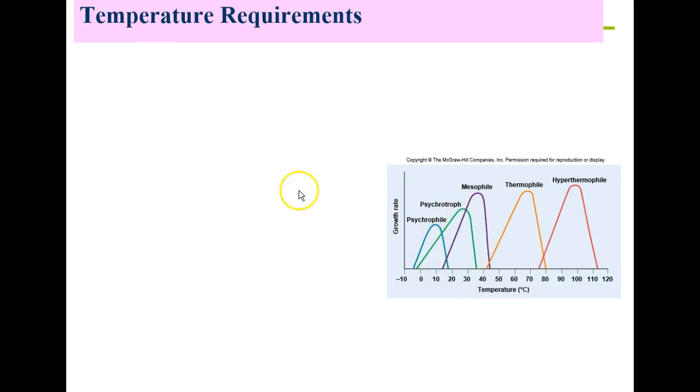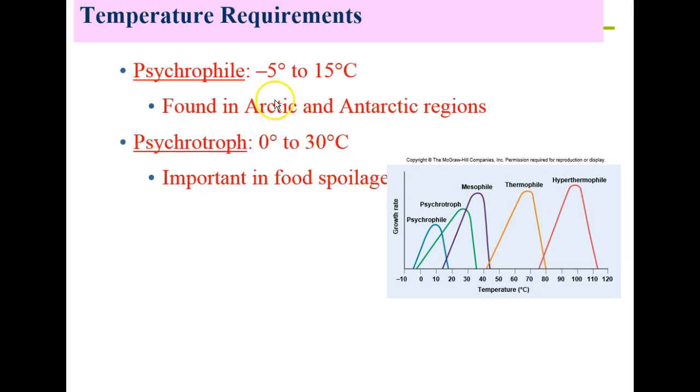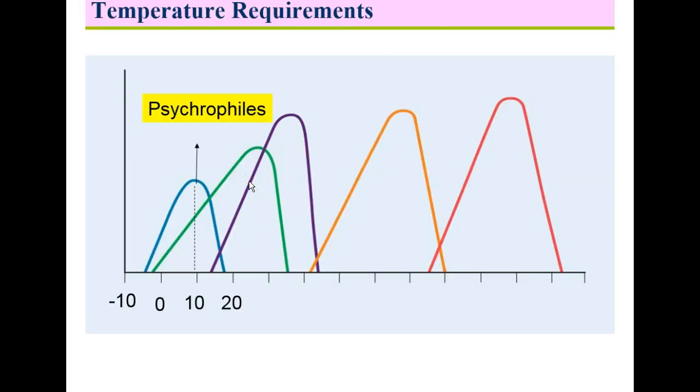Microbiologists utilize specific terms to describe the temperature requirement for the growth of specific organisms. As we go through these terms, we'll point out the temperature range of that particular group of organisms and any other characteristics. We'll start with the psychrophiles. Psychrophiles are cold-loving organisms whose temperature range hovers between -5 degrees centigrade and 15 degrees centigrade.